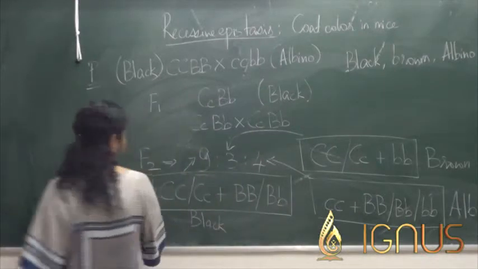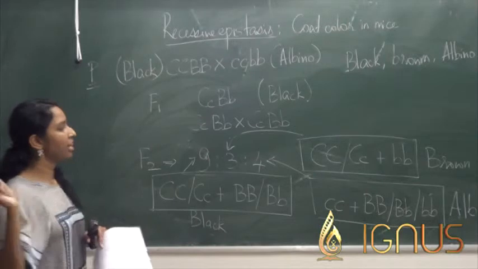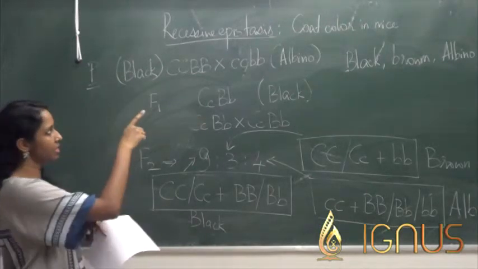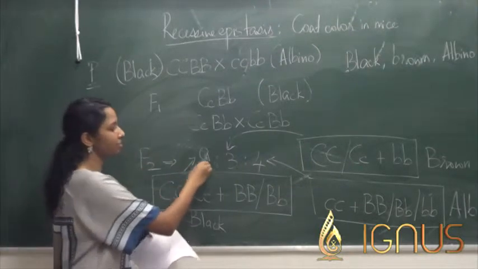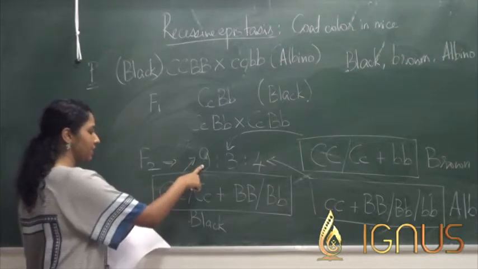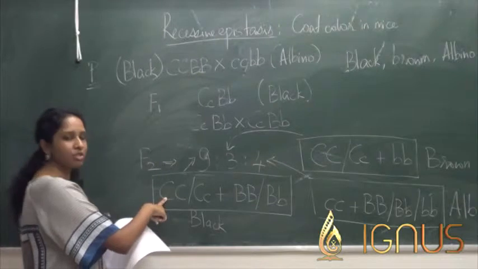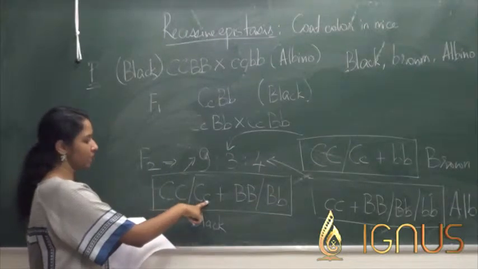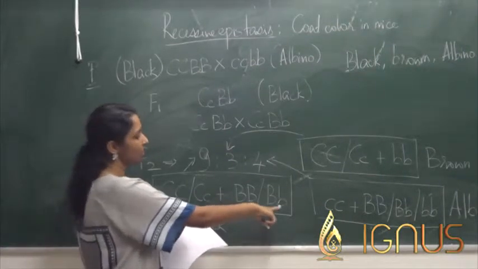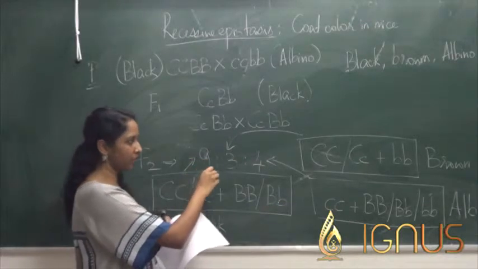So in the F2 generation, according to Mendelian genetics, you should have a 9:3:3:1 ratio. But in recessive epistasis, you are going to have a 9:3:4 ratio, in which case 9 refers to the majority, which is black, coming with homozygous dominant C or heterozygous dominant C in combination with homozygous dominant B or heterozygous dominant B. That is going to give you black coat color.